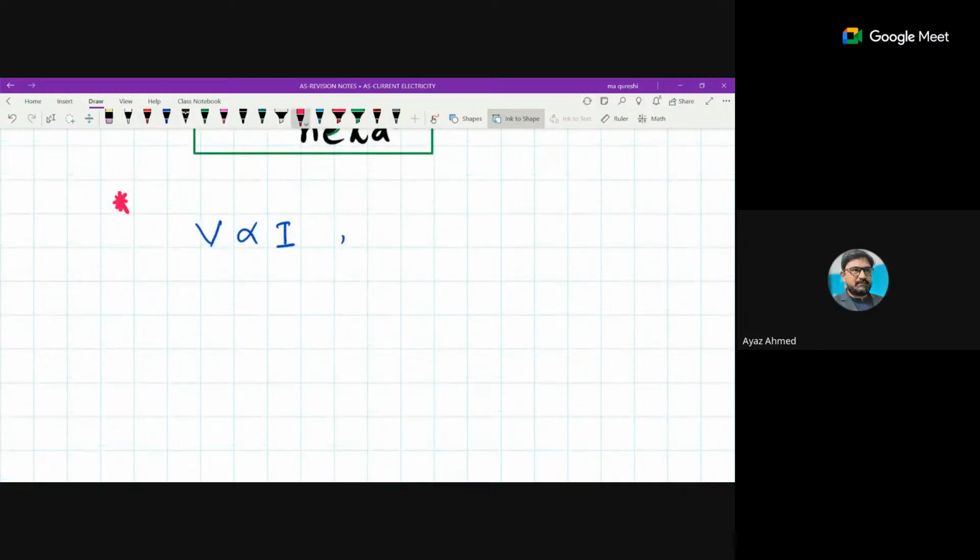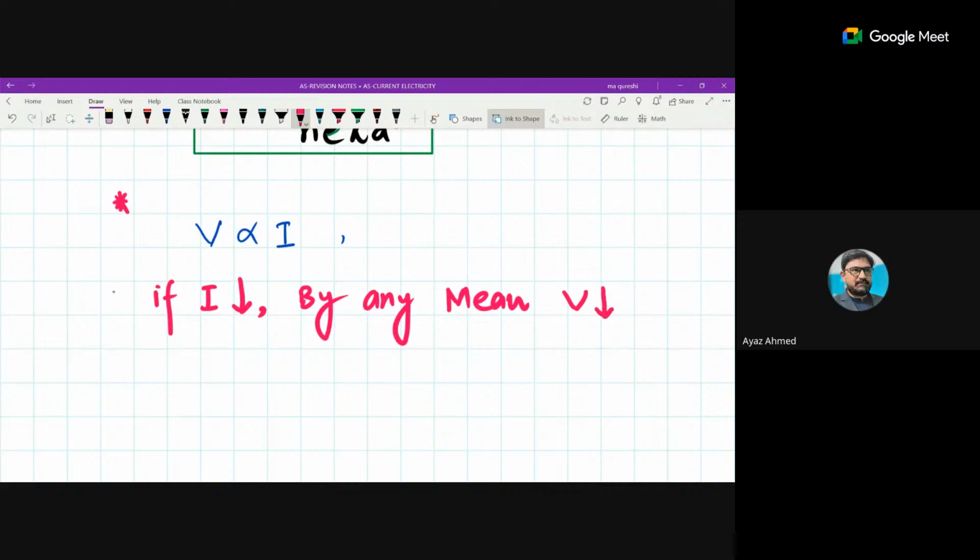How to reduce the current? If I is decreased by any means, I will talk about that in my resistance topic, then drift velocity will decrease. This is very important.